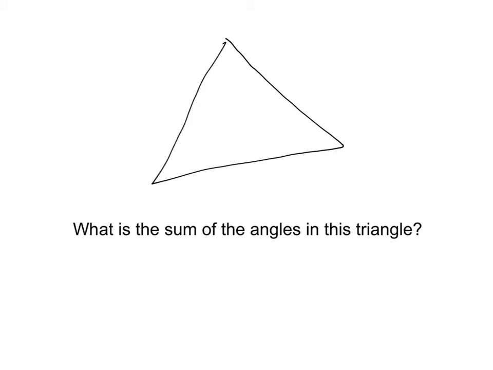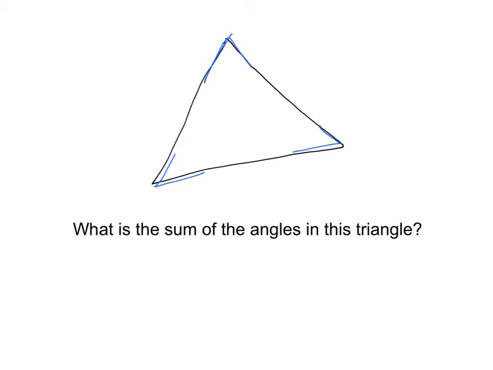Okay, we talked about this a little bit last week when we were talking about angles. What is the sum of the angles in this triangle? So how many angles are there in this triangle? Here's one angle, here's another angle, and here's the third angle. So how many angles are there? 3. And when it says, what is the sum, what does that mean? What do you do to find a sum? Michaela? You add.